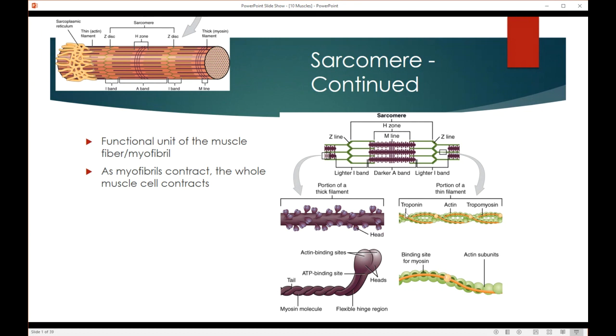On the actin, we have what is called tropomyosin. And here we have our myosin. Myosin has an actin binding site, like a little head here. And on our actin, we have a binding site for myosin.